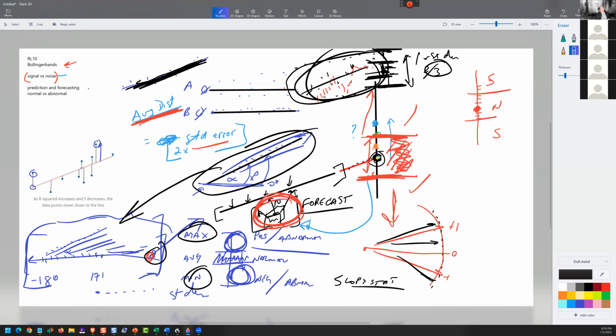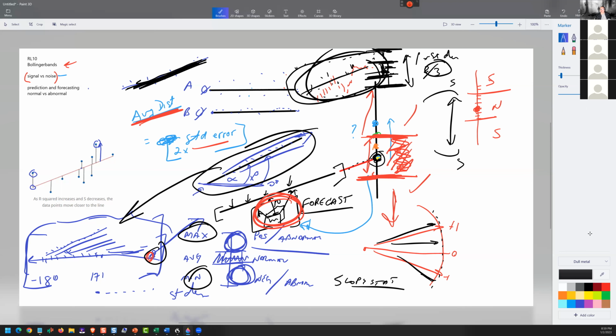So Bollinger Bands start with an outside envelope and say normal is going to be contained anywhere within these brackets. So normal is anywhere within those brackets, and when it breaks out, it's signal, or it's an extreme move.